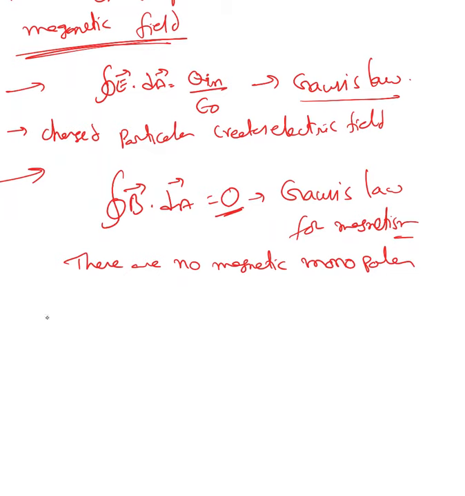The third one is just a reiteration of Faraday's law. The closed integral of E times ds equals minus d phi m by dt. Basically, the rate of change of magnetic flux phi m.